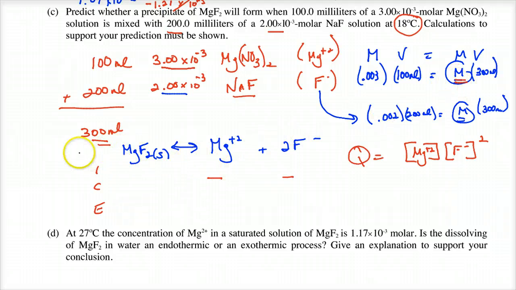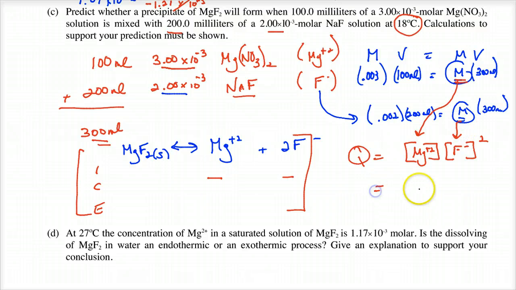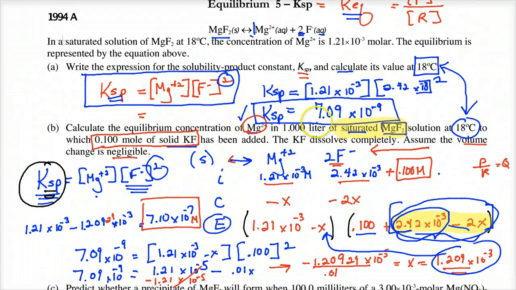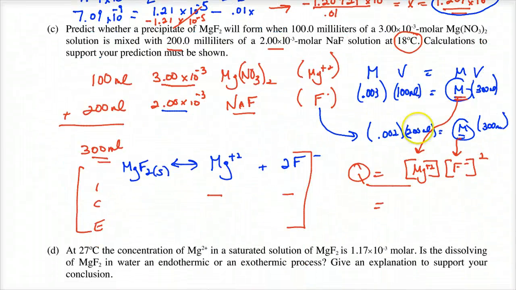I was thinking of talking you through why x and 2x, but it's as simple as plugging these values into your equation for Q. Give me a value for Q. Don't forget to square it. Once you have your Q, I want you to compare it to your K, which is 7.09. And depending on who's bigger or smaller, tell me if we're going to make it precipitate or dissolve more ions.